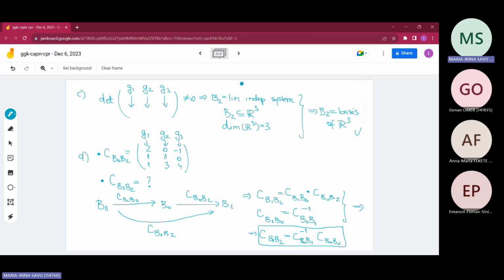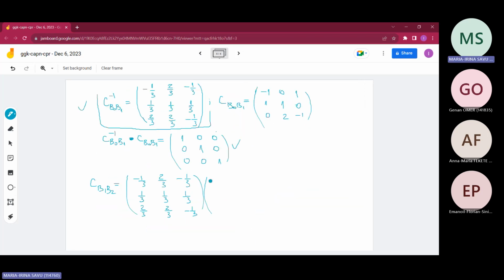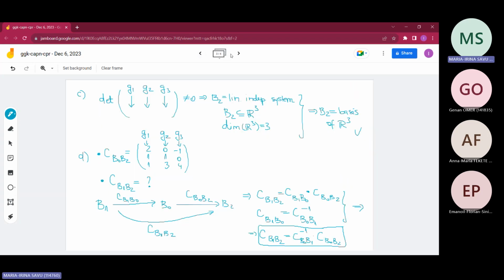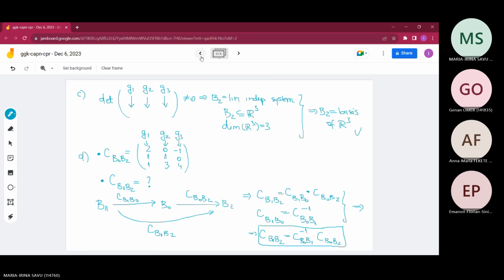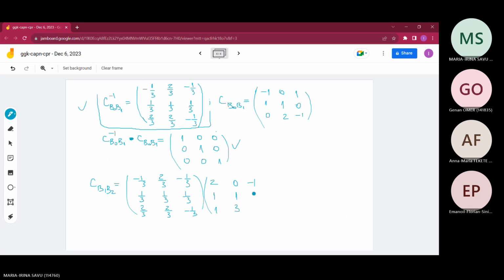CB2, B2, which is this one. Okay, see the computations.